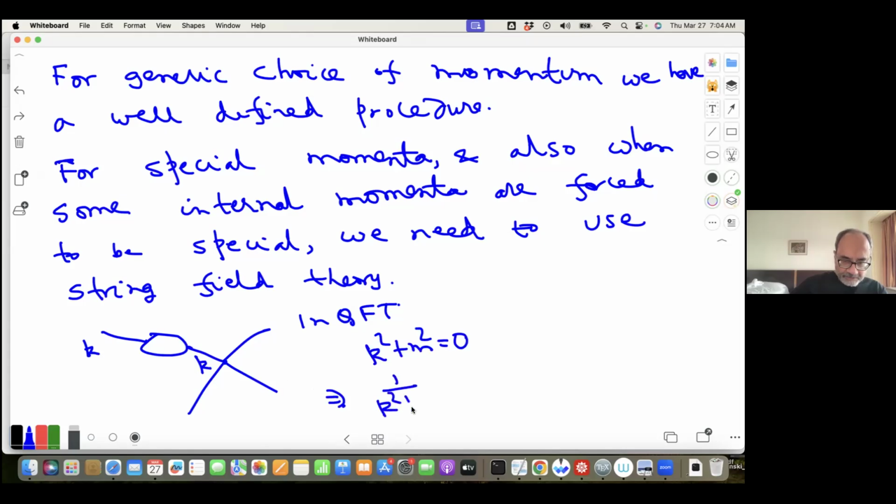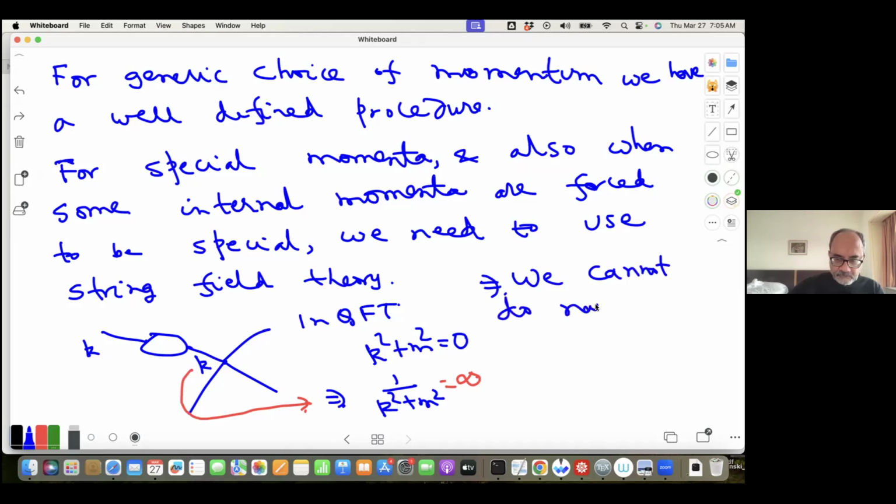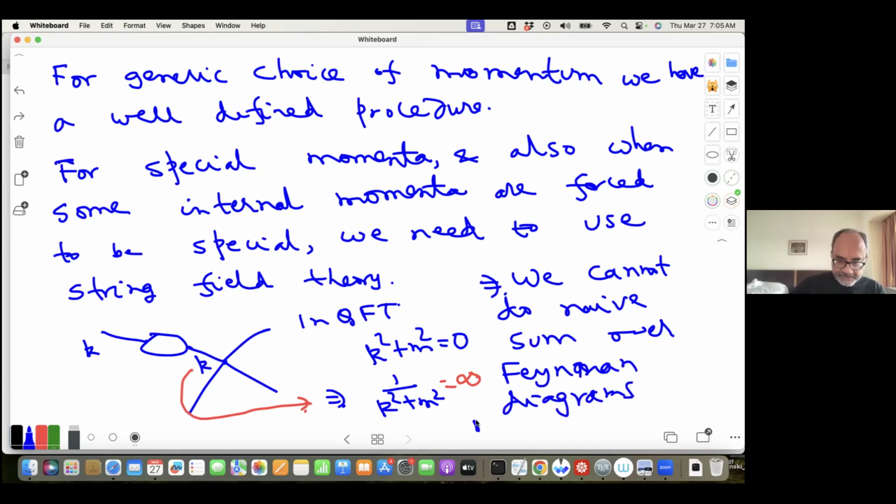So 1 over k square plus m square, that comes from this line, is infinite. And this basically says that we cannot do a naive sum over Feynman diagrams. We need LSC.